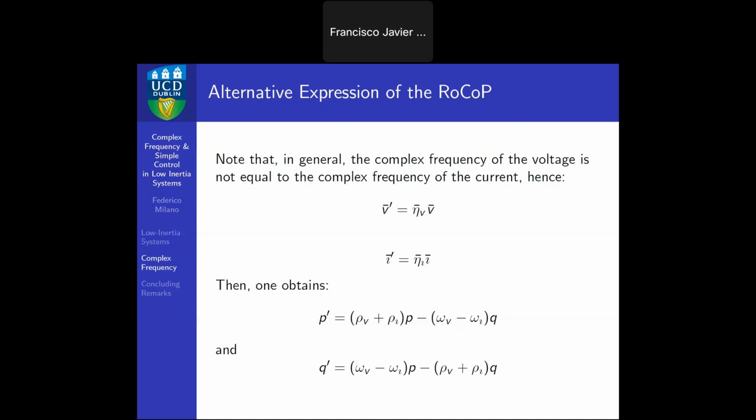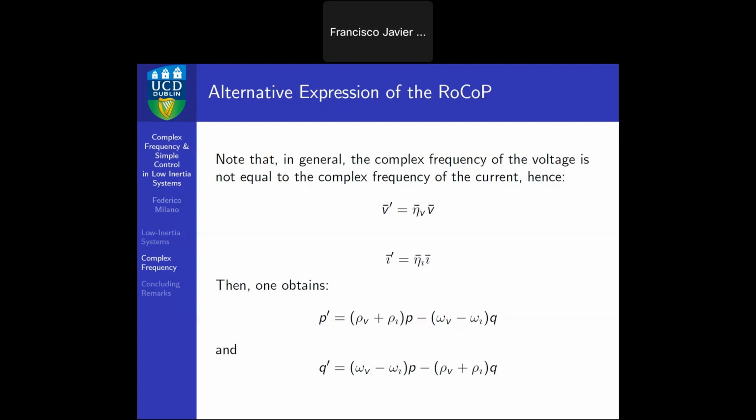It was like, it cannot be. But it cannot be in steady state. In steady state, everything is the same, so it has to be the same everywhere, current, voltage, doesn't matter. In transient, it can be whatever you want. So the point is that in transient, the eta of the current, the complex frequency of the current, can be completely different from the complex frequency of the voltage. It can have nothing to do with it.